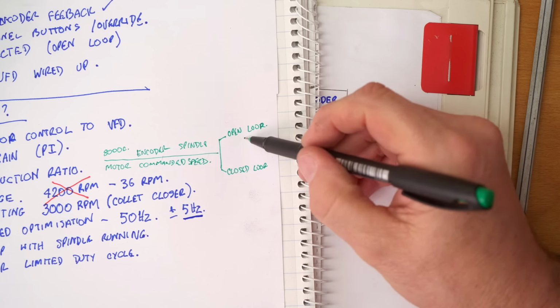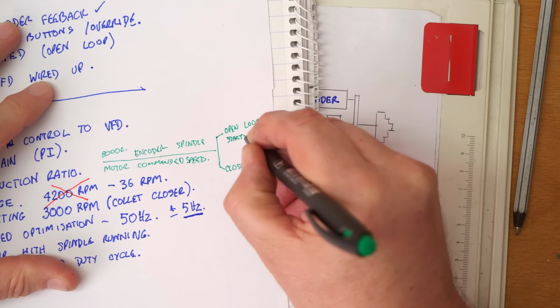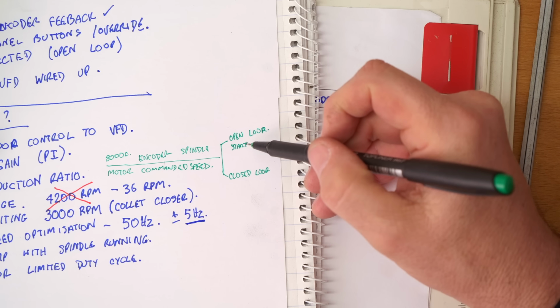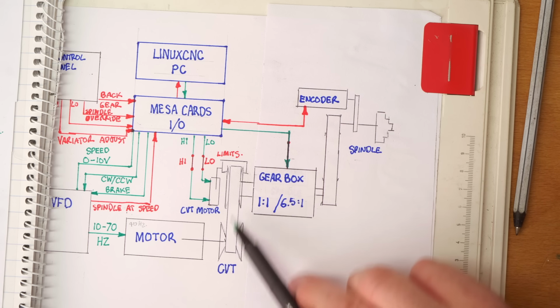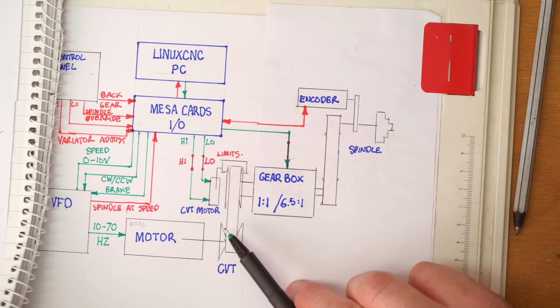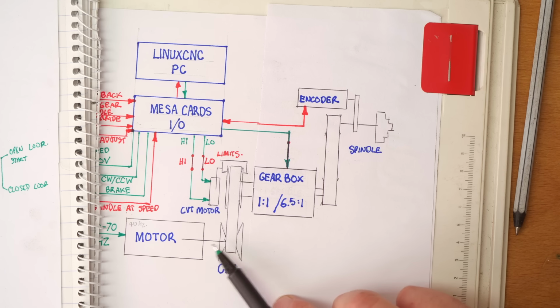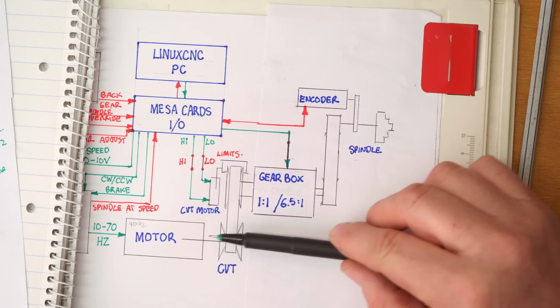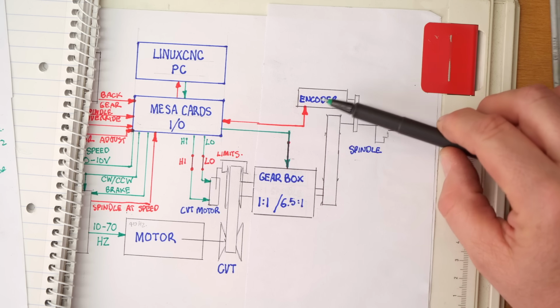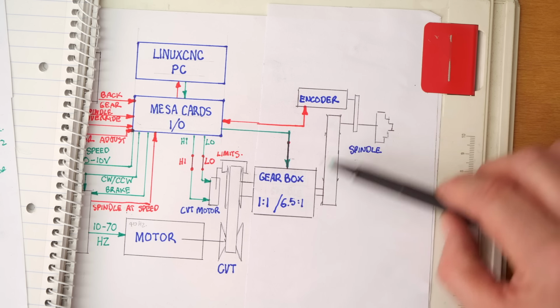Another time we're going to need this is startup. When we first start the spindle, it has no idea what the gearbox's position is or what the ratio is. So it's probably a good idea on a first start at least to just start the motor at 10 Hertz. Give it a second or so for the motor speed to stabilize, and then do that initial calculation of my gear ratio.